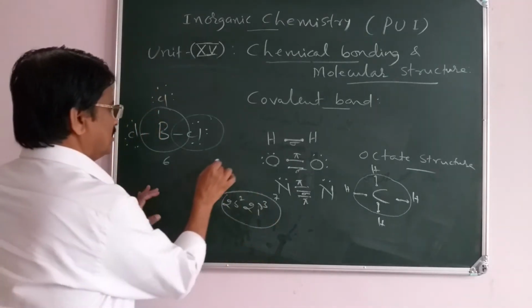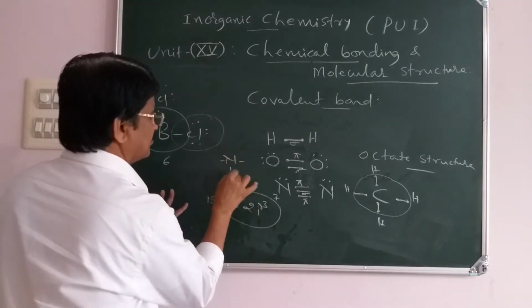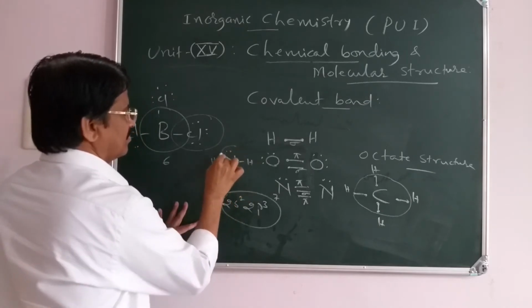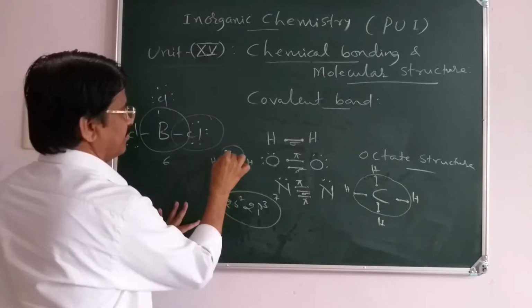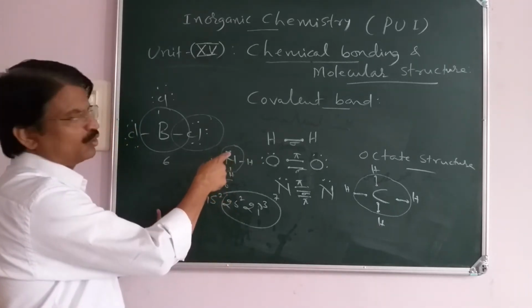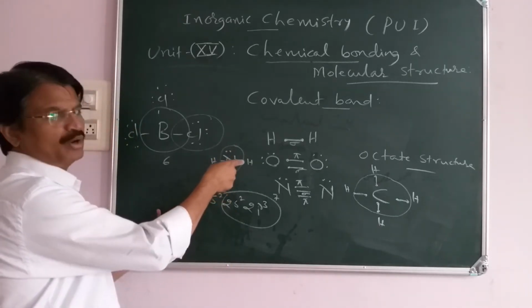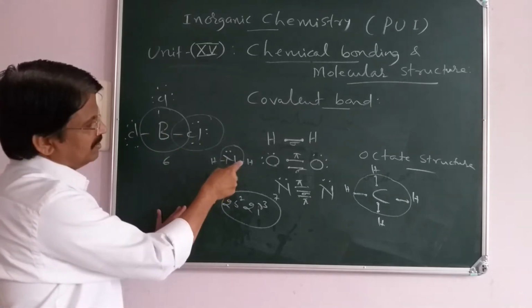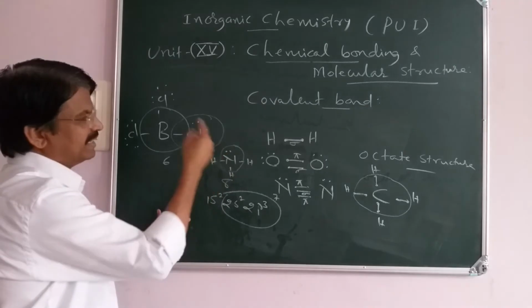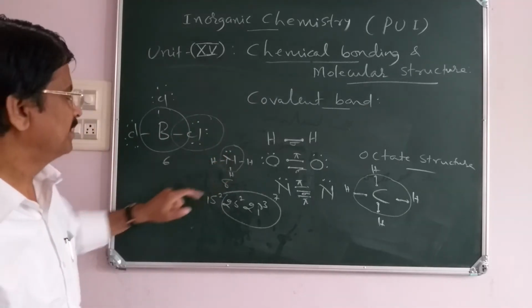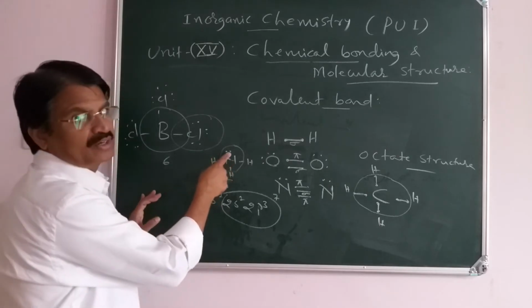For example, ammonia. In case of ammonia, nitrogen carries a lone pair with 3 bonded pairs. Total electrons 2 plus 2 plus 2, 6, plus 2, 8. Total 8 electrons, but the central atom contains a lone pair.